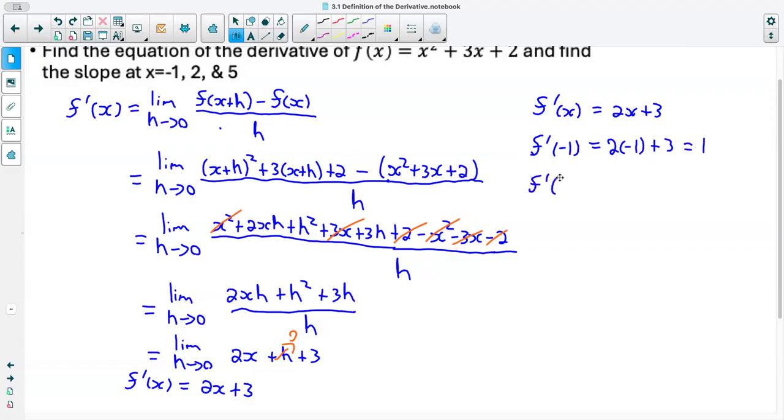Then f prime of 2 would be 2 times 2 plus 3, which gives us 7. And then f prime of 5 gives us 2 times 5 plus 3, which gives us 13.